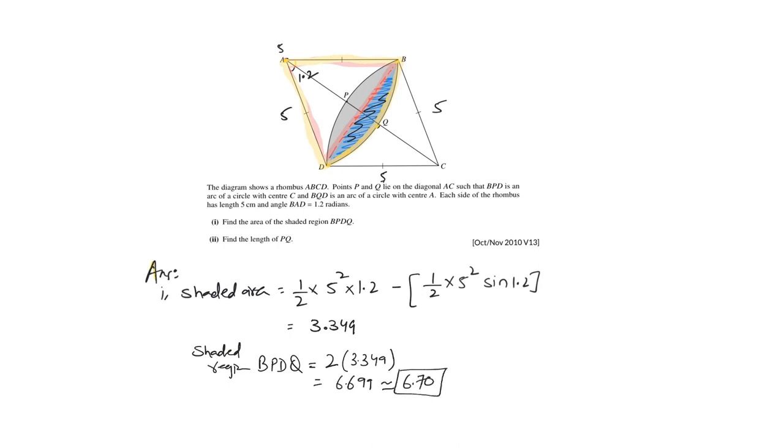Now in the second part you are being asked to find the length of PQ. So PQ is basically this length. So let's find first the AC length, which is this diagonal. In order to find this length, I need this angle ADC.